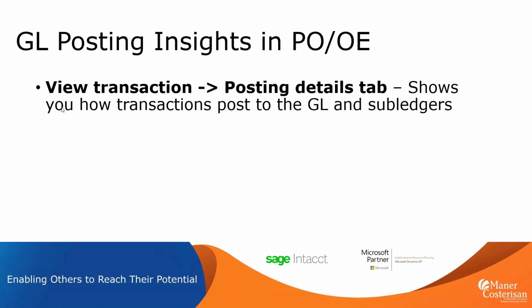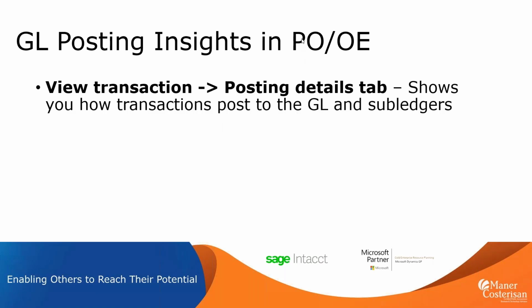So pretty much just a long-winded way of saying, go out to your purchasing or order entry modules, hit view transaction, and then you'll see the posting details tab. It'll tell you how your transactions are posting through to the GL, as well as your subledgers.